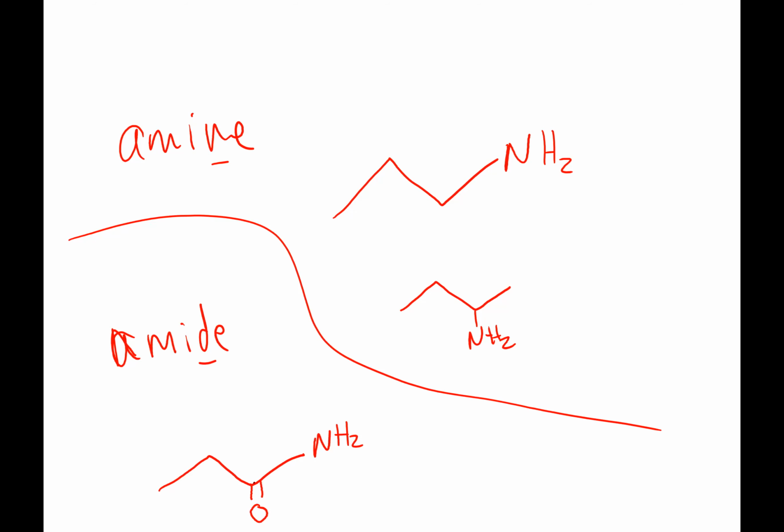An amide is something that has a carbonyl group, which in simple terms is this double bond O. So when you see a nitrogen next to a double bonded O, it's an amide. That's perfect. Oh, you guys, I think I'm gonna have a good semester with you.